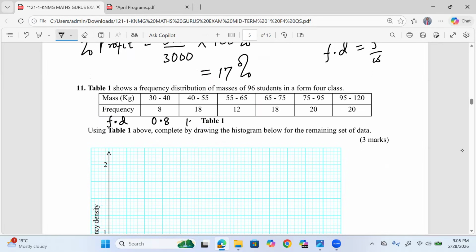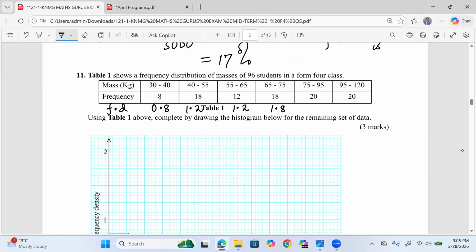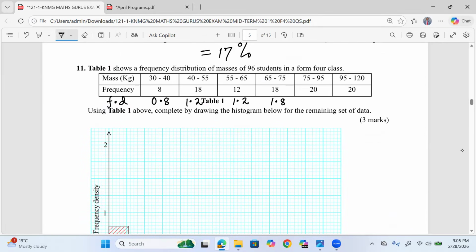So that is 1.2. In the next, it is 12 out of from 55 to 65, 10. So 1.2. In the other one, it's 18 divided by from 65 to 75, that's 10. So 1.8. Then 20 is the frequency divided by interval from 75 to 95.